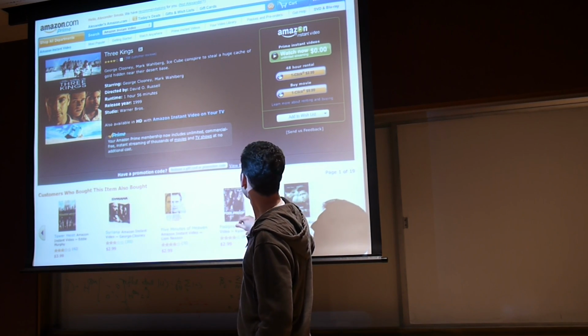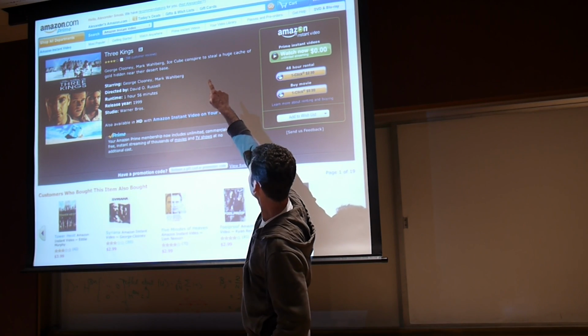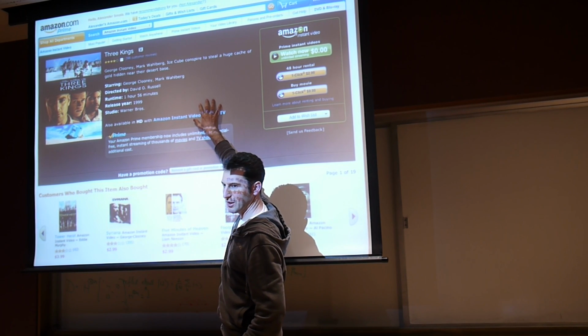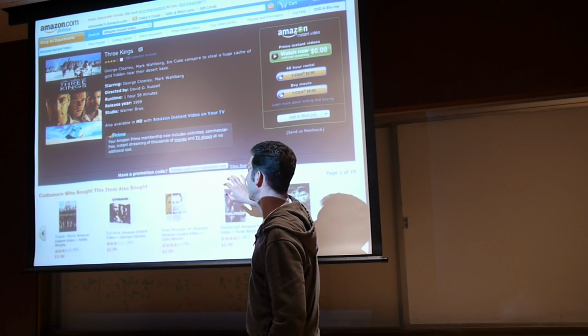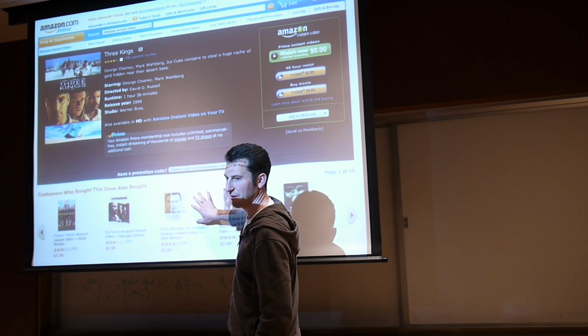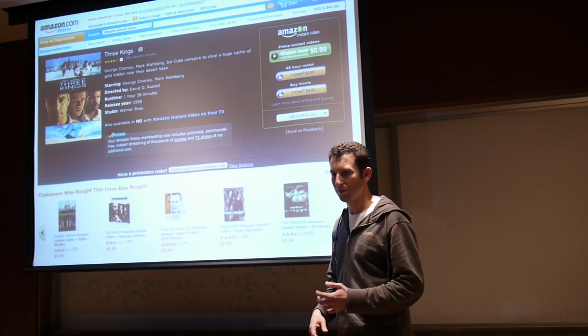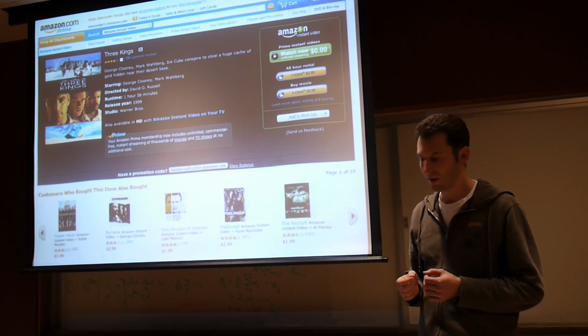But the point is that it knows my past viewing history, that I'm logged in as you can see on the top, and it knows which movie I'm currently looking at, so it might be a good idea to guesstimate that I might be interested in related movies to this. That's what the Amazon Prime and also the Kindle recommendation system would be using.